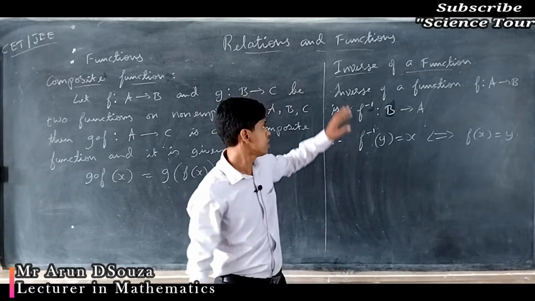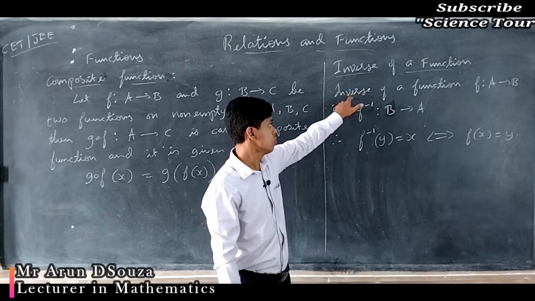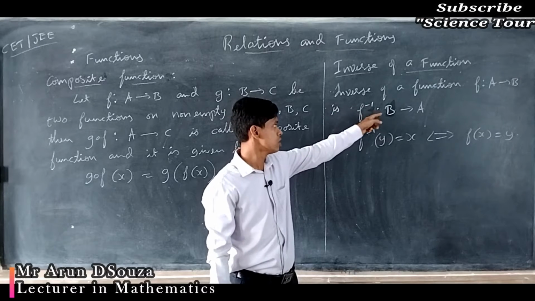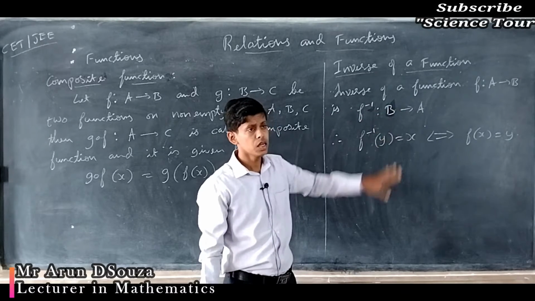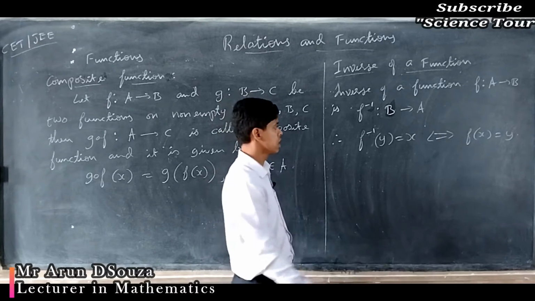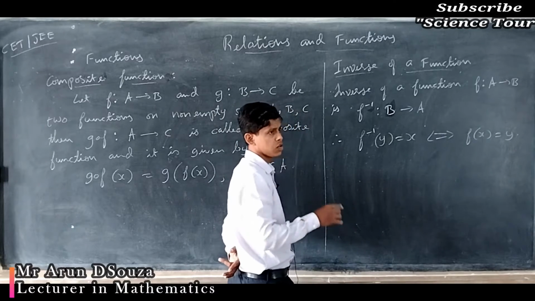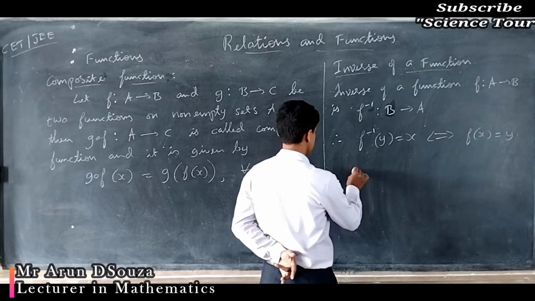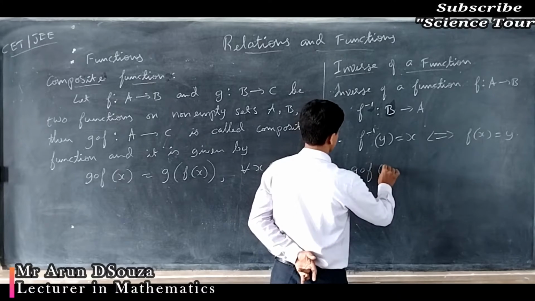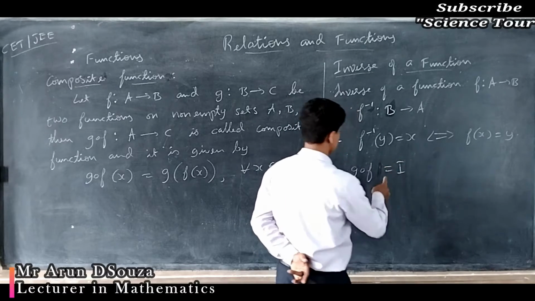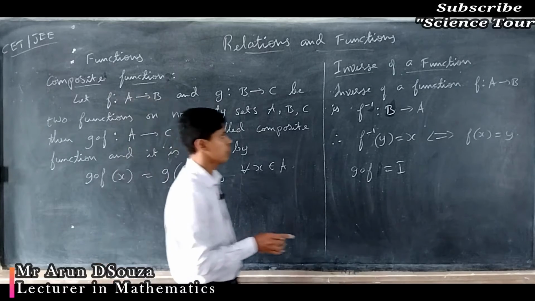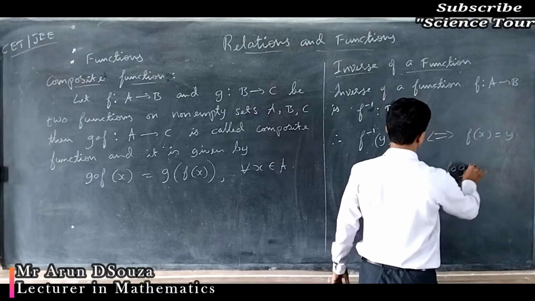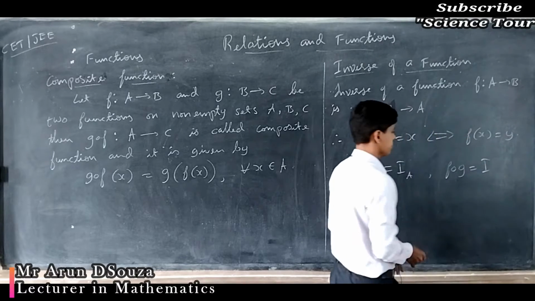So now what do you mean by inverse of a function? Inverse of a function f from A to B is f inverse from B to A. And when do you say inverse exists? If two conditions are satisfied. The first condition is gof must be identity for the set A, and fog also must be identity.